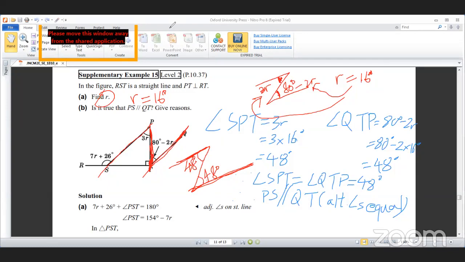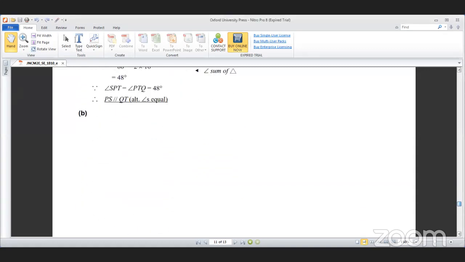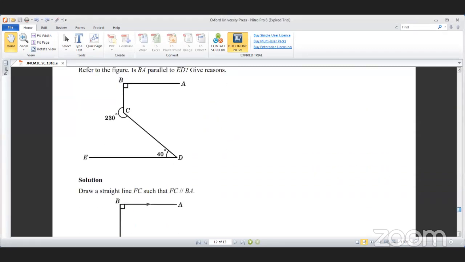I want to get rid of this one, that's why I need to stop it, and then I share again. No, I share the wrong board. What's going on?